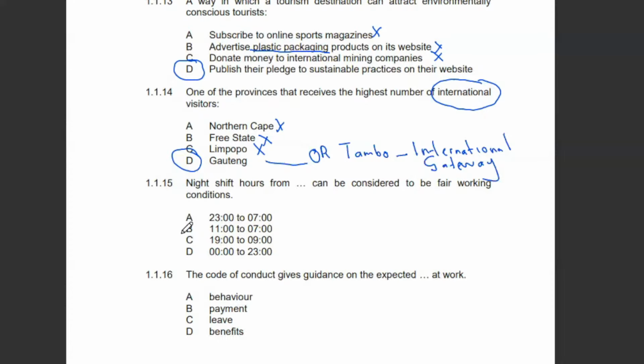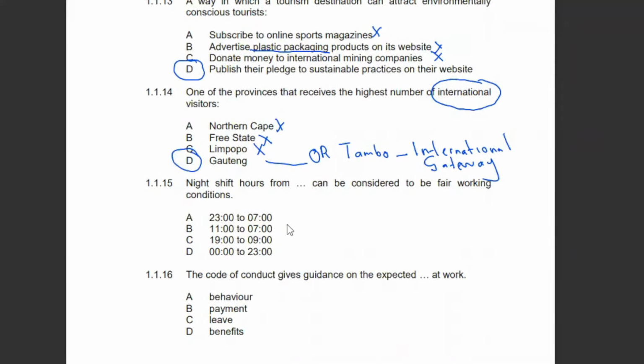Let's look at 1.1.15. The question reads, night shift hours from then dash can be considered to be fair working conditions. All right, before we choose the correct option, we need to understand the topic which we are dealing with.